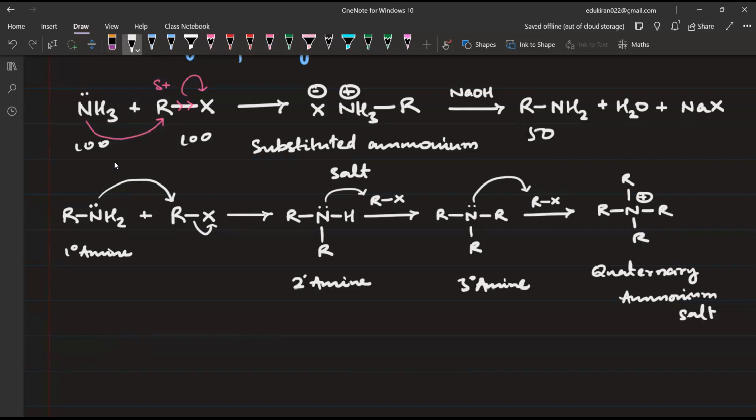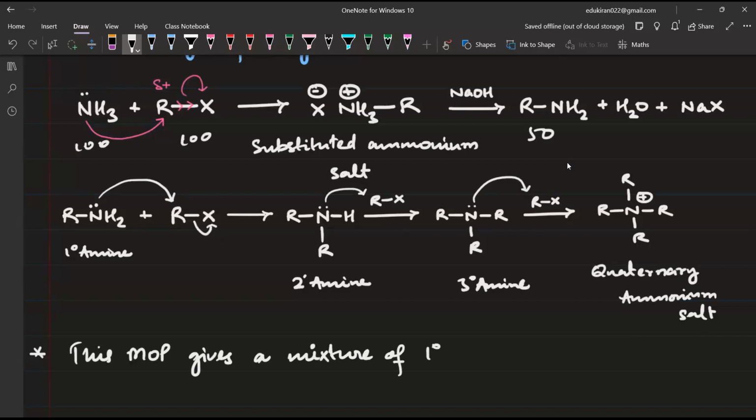But here also we can do something in order to get the majority of the product as primary amine, that we will see how to deal with that problem. But first of all, we'll write this method of preparation gives a mixture of 1 degree, 2 degree, 3 degree, and quaternary ammonium salt.